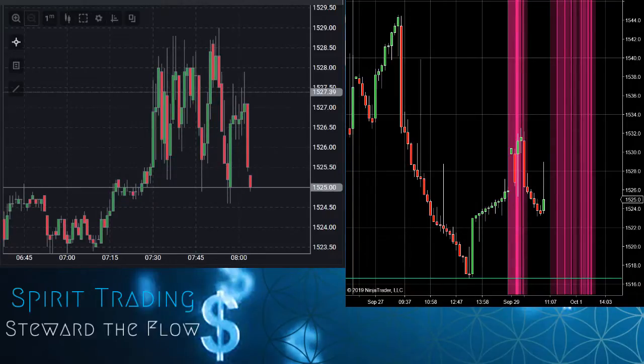Looks like we're getting a big move down. Will it break through the bottom? What's it gonna do?